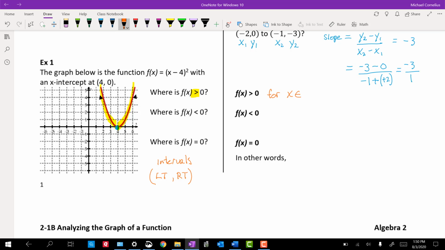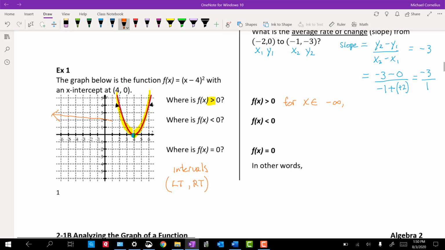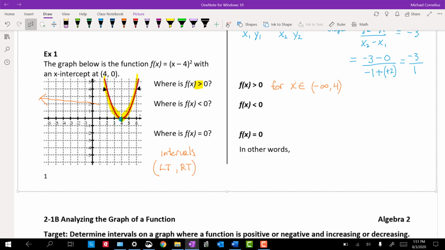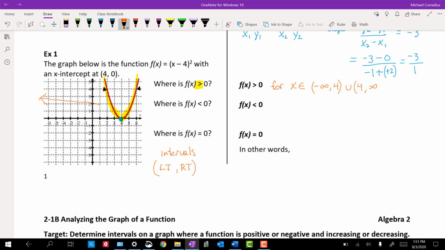If I look at the left side, where's that graph going? It's going all the way to the left, so negative infinity, all the way up to positive 4. It's not going to touch negative infinity, and it's not going to touch positive 4 because of that symbol that says greater than. And then it jumps to the other side of 4 and goes all the way to the right to positive infinity. That's one way that you could write that.